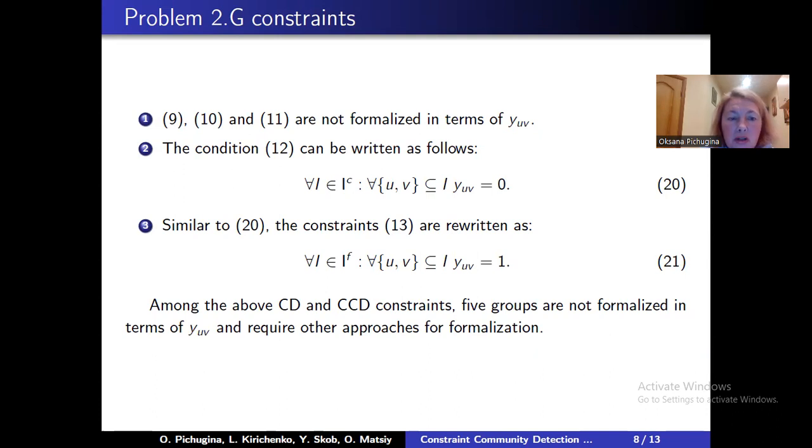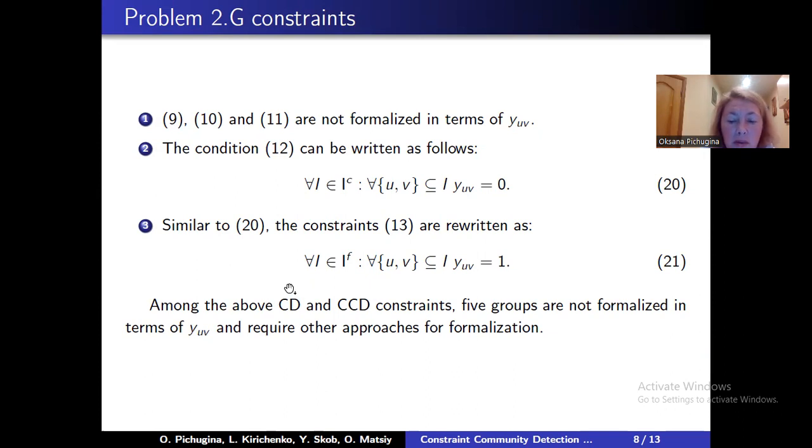Moving to the additional five groups of constraints, it turns out that only two of them, conflicting and forcing constraints, can be written in these terms, while the other three cannot. So in total, if we consider the constraint community detection problem with all the constraints, only half of them can be written in terms of Y. That is why if all or most of the constraints are present, we need to use another approach.